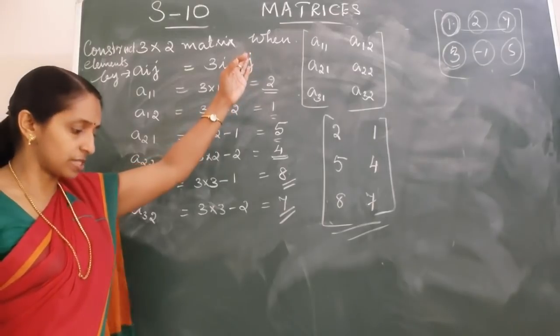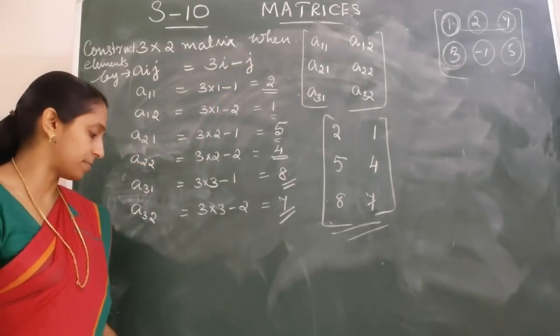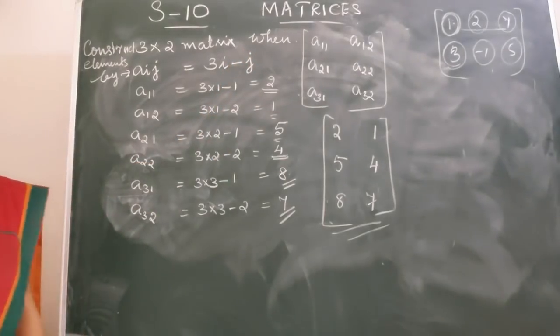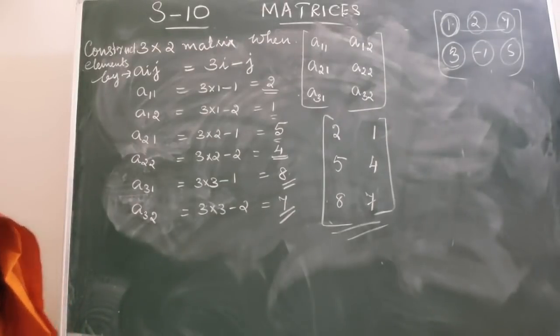Then you write the general format of the matrix. General format is first row, first column, A11, A12, A21, A22, A31 and A32. Write the general format, then construct the matrix. And later do question number 3 as homework.